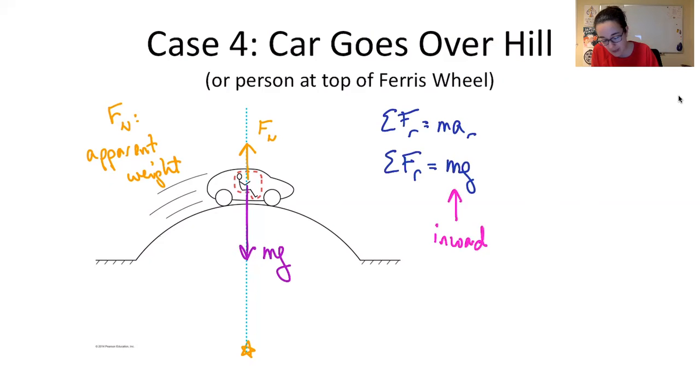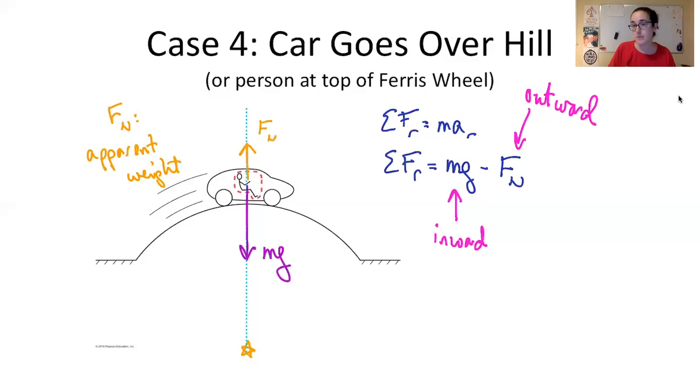And then the normal force is negative because it's outward. That definitely takes a little bit of getting used to because we've done so many problems where the normal force is in the positive direction and the weight is in the negative direction. But here, those are switched because inward is positive. Okay, so we can set these equal.